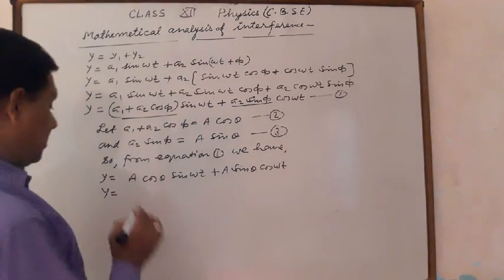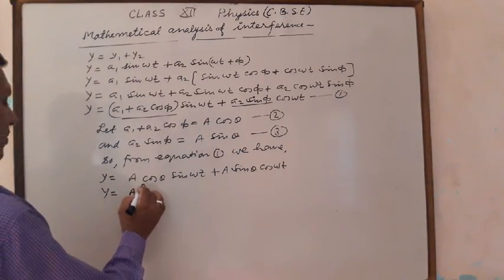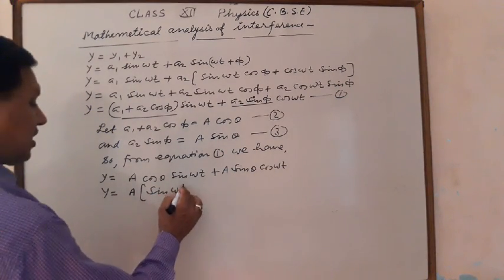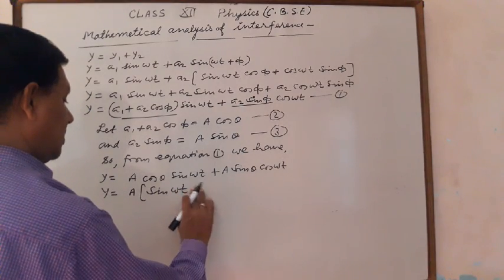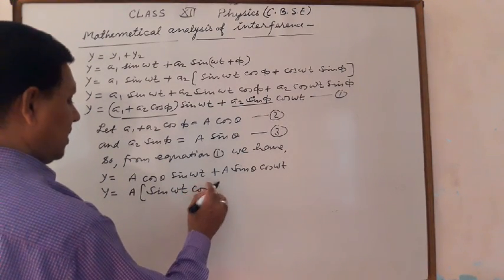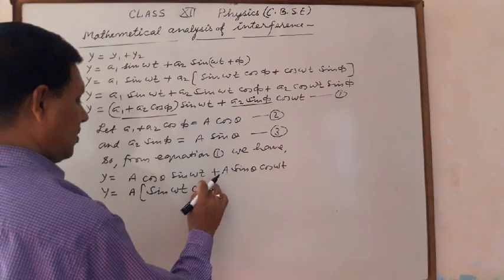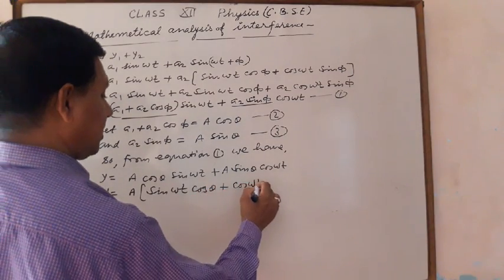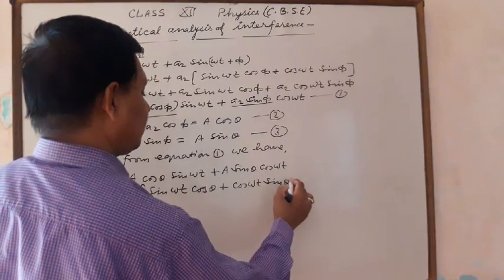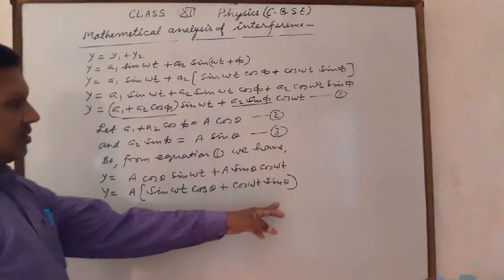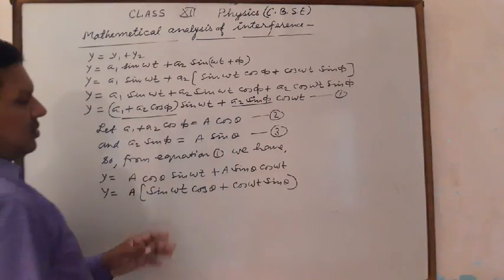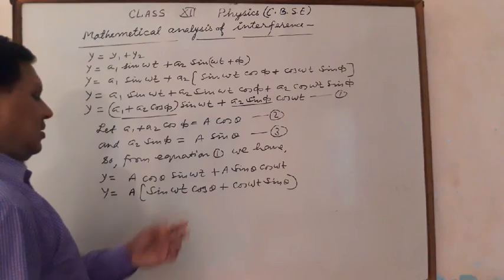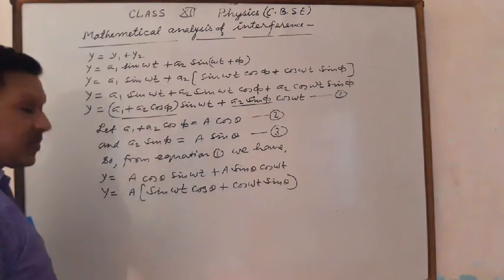Taking A common in these two terms, this is written as y is equal to A (sin omega t cos theta plus cos omega t sin theta), and the matter in brackets is written as sin(omega t plus theta).